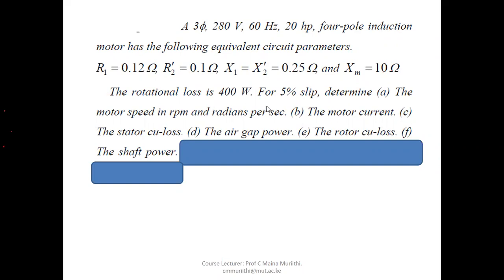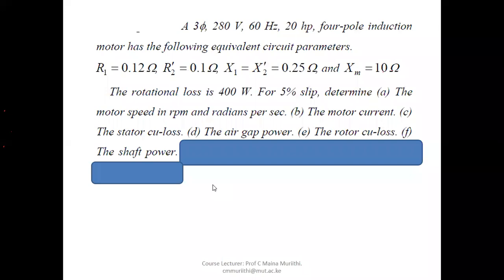The rotational losses are given. The slip is given. The question is, what is the motor speed in RPM and radians per second, stator copper loss, air gap power, rotor copper loss, and shaft power?